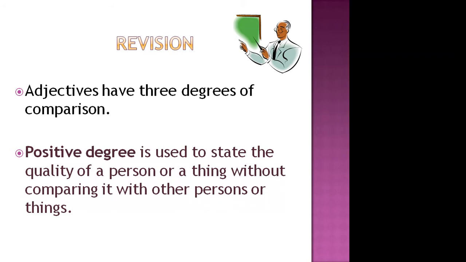So the positive degree is basically taking a positive step towards gathering information about someone or something. That information may or may not be good. But yes, it is still a positive step in gathering or getting any information about someone or something. So here we just have 1 person, we talk about just 1 person, not more than 1 person. Because we are not comparing here.